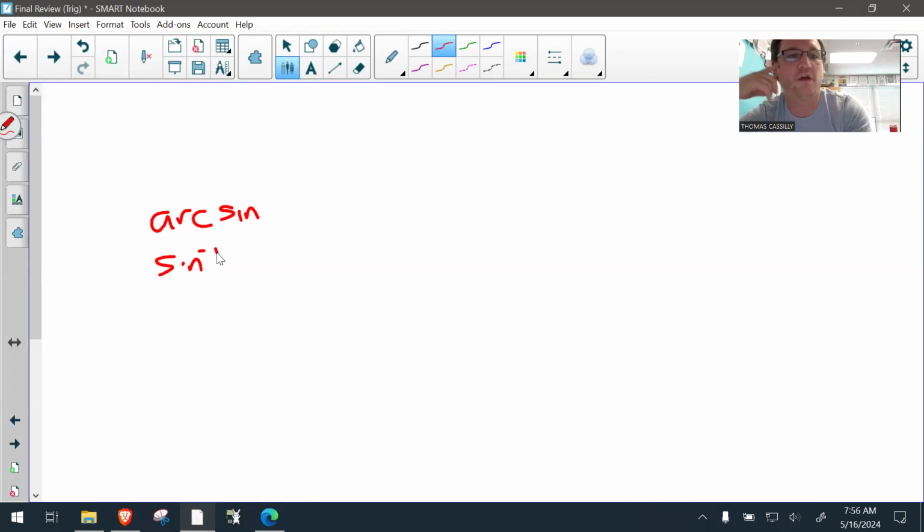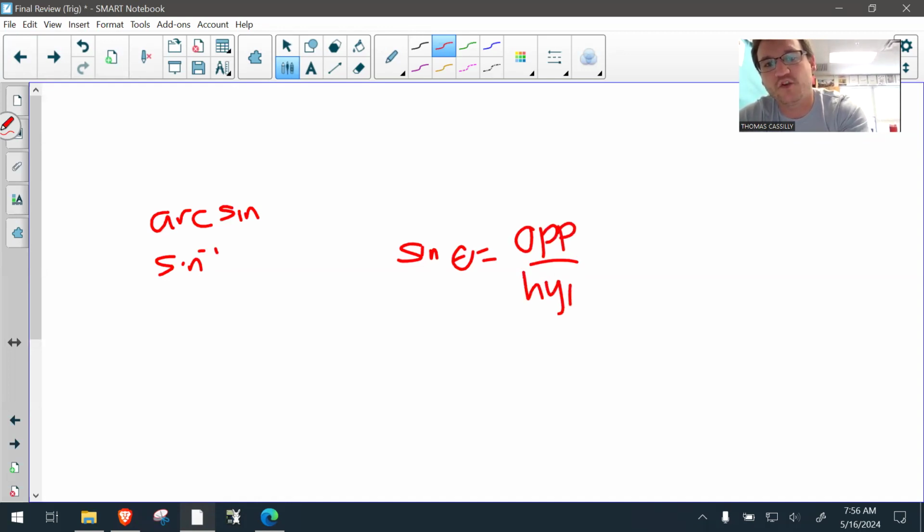We had to be careful on these because a lot of times, remember, with your sine function, we know the sine of some angle is equal to the opposite over the hypotenuse. And a lot of times on these problems, like in geometry or early days of trig, we give you the angle and we give you either the opposite or hypotenuse, and you have to find the other one.